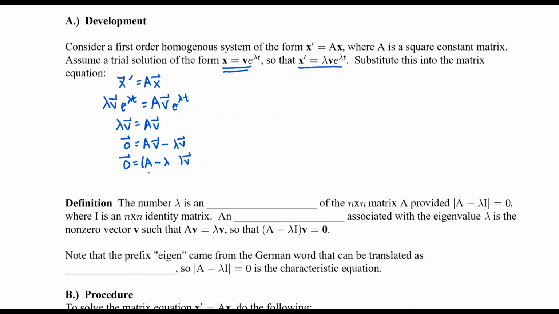Now what I have here is an n by n matrix, and lambda is a constant. So what I have written here is not a defined operation. In order for this to be a defined operation, I'm going to have to multiply lambda by an n by n matrix, an identity matrix.